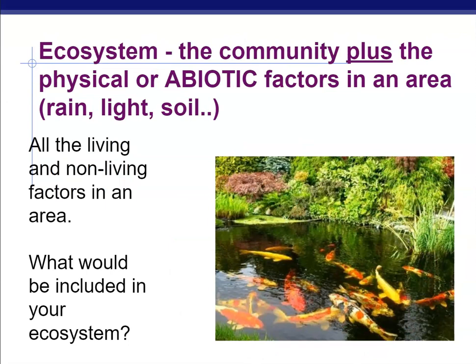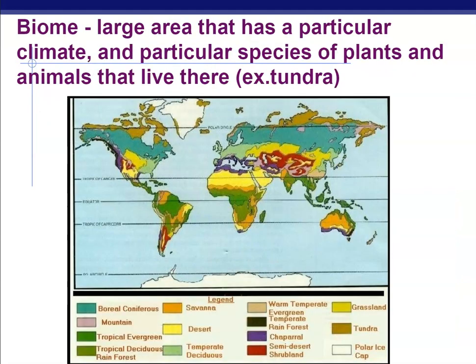Again, an ecosystem is going to be that community plus the physical or abiotic factors in the area. Again, pause for a second and think about what other factors would be included in your ecosystem. Biome is a large area that has a particular climate and species of plants and animals that live there.